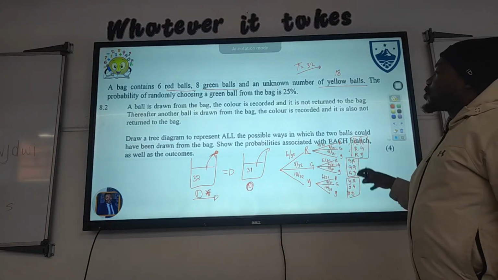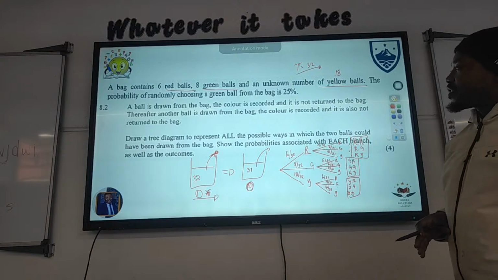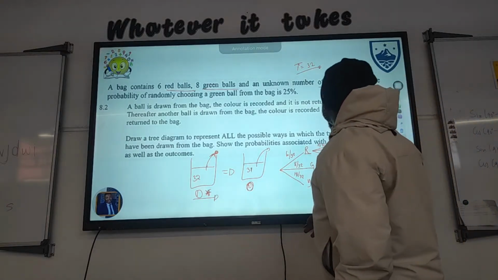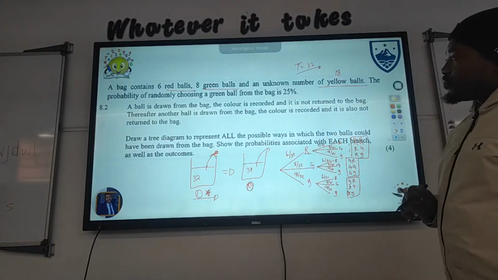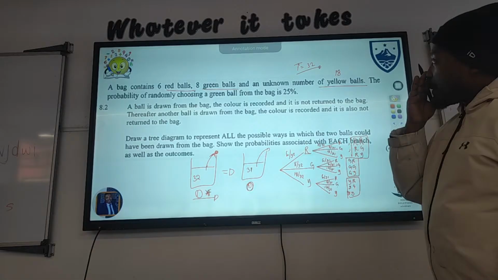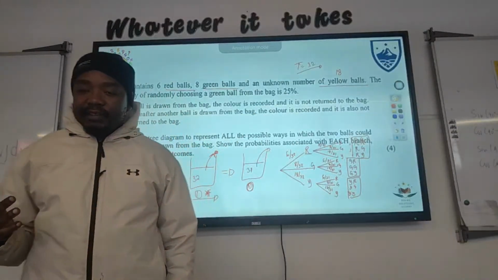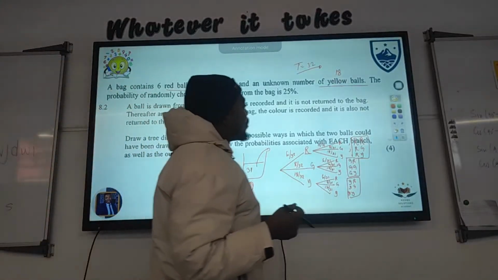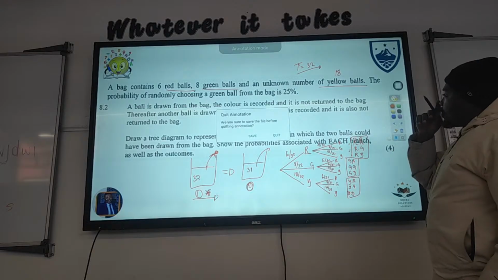So this is how we draw our tree diagram based on the scenarios. And I hope that makes sense to everyone. And the other thing is, I can also give us a different example. Let me save this.